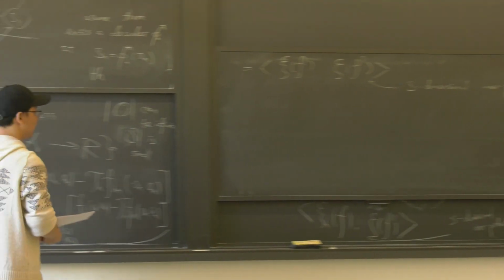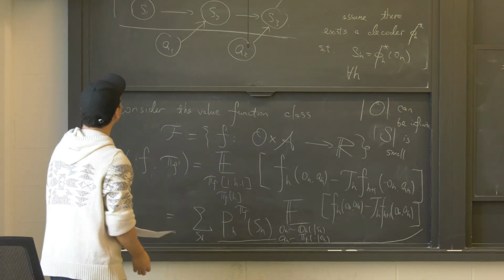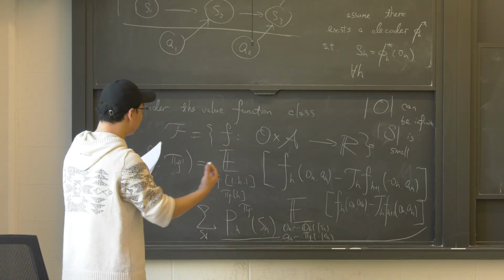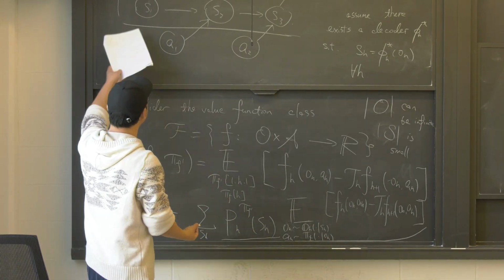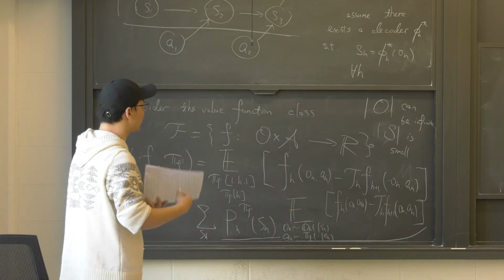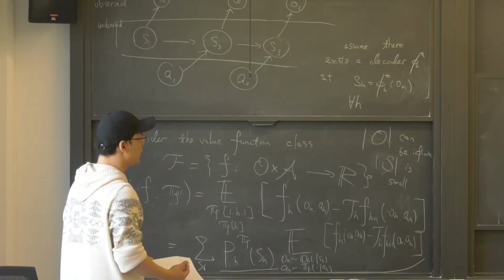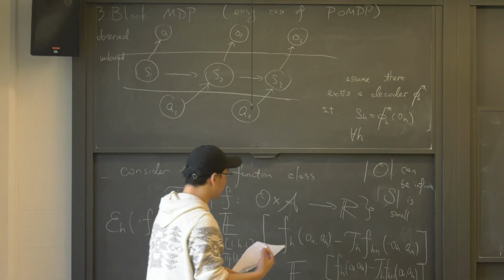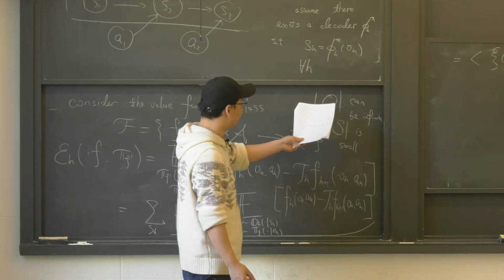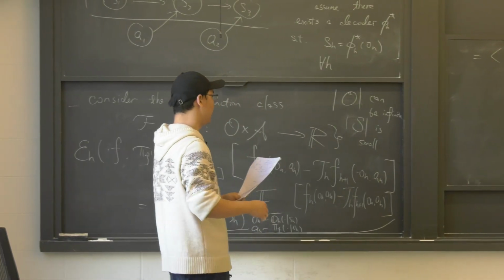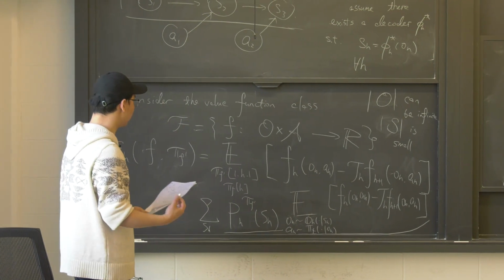So what have we achieved here? We look at the block MDP. Essentially, it's an augmented version of the original MDP, but now we have a very rich, complex observation. If we just use the original tabular guarantees, we're going to pay the cardinality of O, which is huge, tremendous.